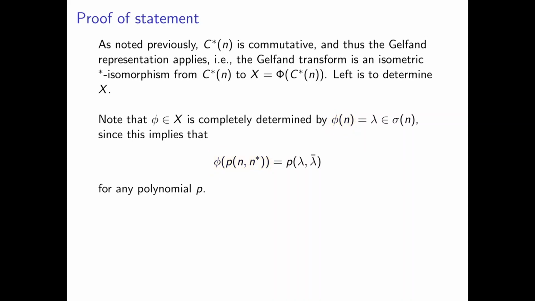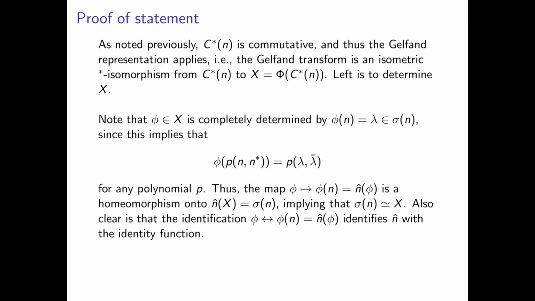And then we can just calculate this value easily by taking the polynomial evaluated at lambda and its conjugate. And then we note that since polynomials are dense in the set of continuous functions, then we're golden, basically.